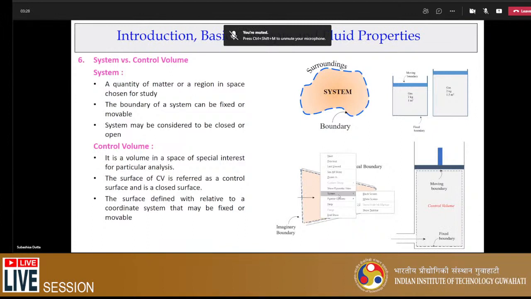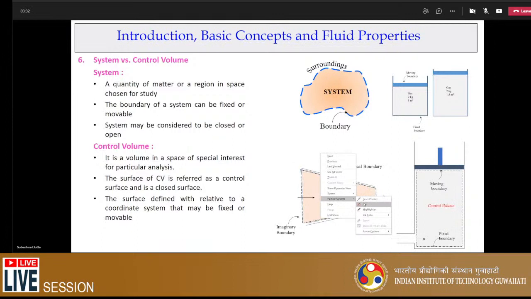Whenever you do that, you define the control volume in terms of a control surface. That control surface can have imaginary boundaries or real boundaries. So you can know where the mass inflow is, where the mass outflow is, and which boundaries have no mass fluxes.